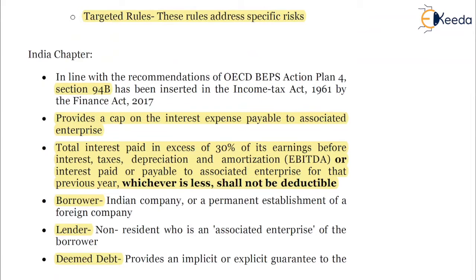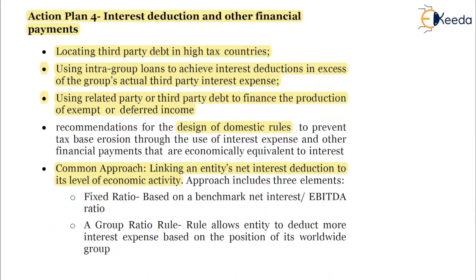So friends, the India provision, Section 94B, has been made applicable in line with BEPS Action Plan 4. BEPS Action Plan 4 is nothing but a limit on interest deduction and other financial payments which are related to such interest payment. This concludes Action Plan number 4. Thank you.